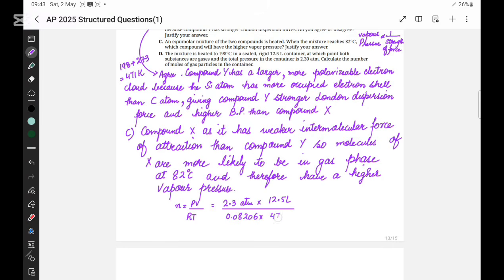So that is 471 Kelvin, and the final moles comes out to be 0.744 moles.